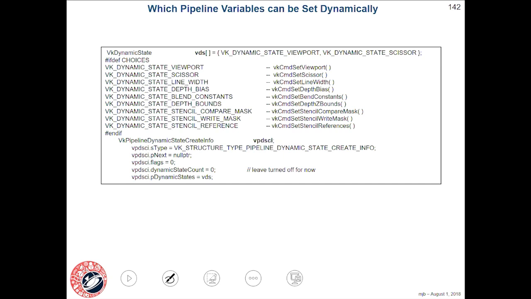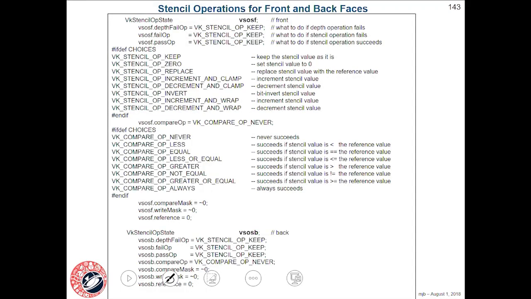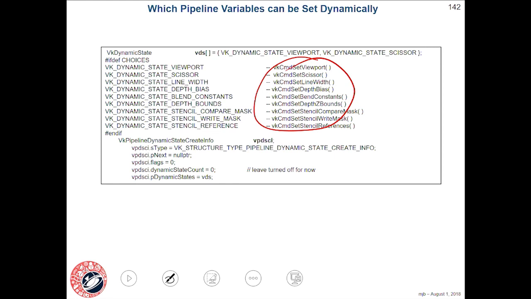These are variables that can be set dynamically, can be set after the pipeline's been created. And so these are actually some of the most handy ones. It is really handy as you're rendering to change the line width, rather than having 100 different pipelines for 100 different line widths. You can be changing the line width on the fly. In order to do that, though, you have to tell the pipeline which ones are capable of being changed.